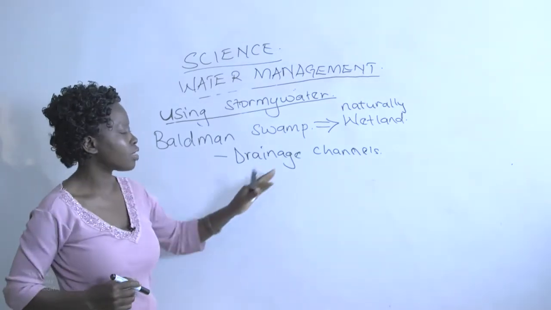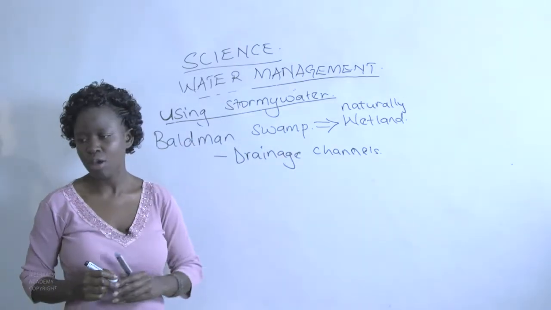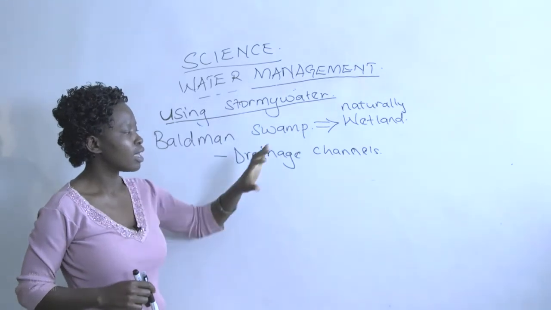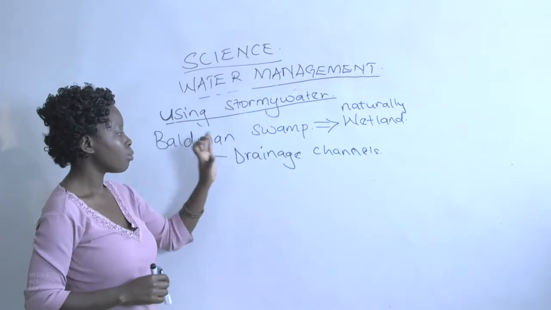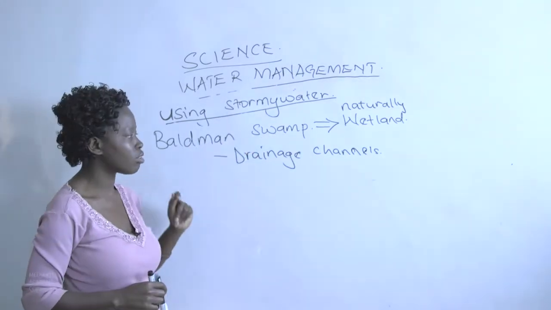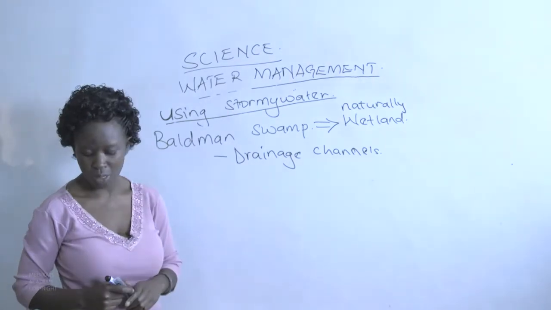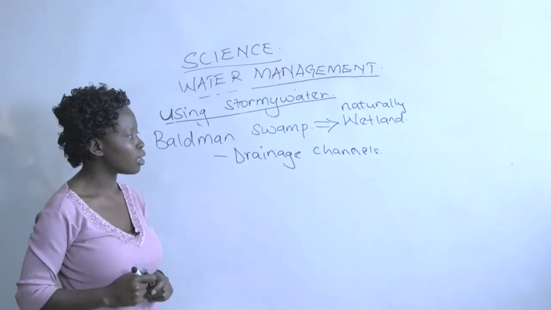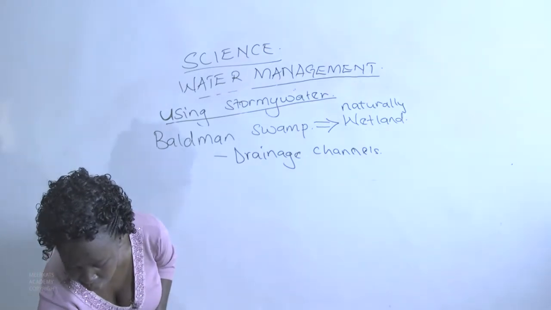So you have channels carrying water from the streets all the way to the swamp. So what does that mean? It means that it makes the streets much more comfortable, because the drainage of this water from the streets will enable swift movement on that given street and hence remove the stormy waters from it.